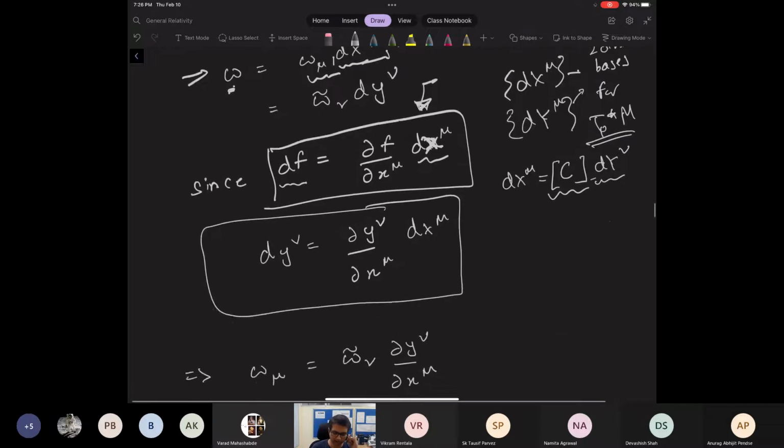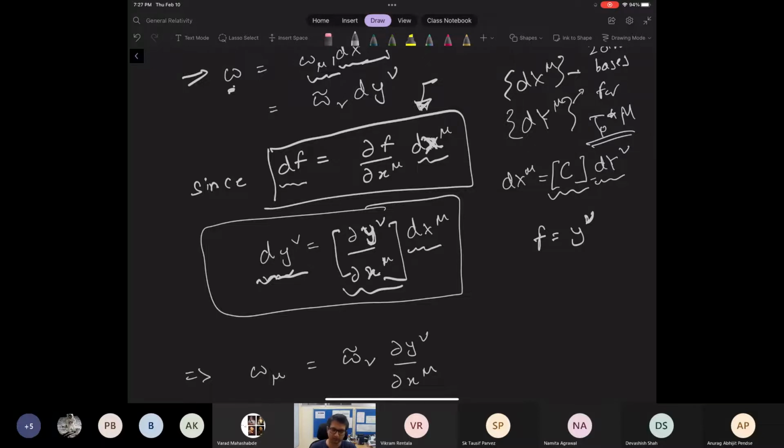So now we just take our f to be some particular y coordinate, let's say y nu. So we can write dy nu as partial y nu partial x mu dx mu. And this is exactly what we were trying to do. We were trying to write dy nu in terms of the basis dx mu. The basis transformation coefficients are partial y nu partial x mu.